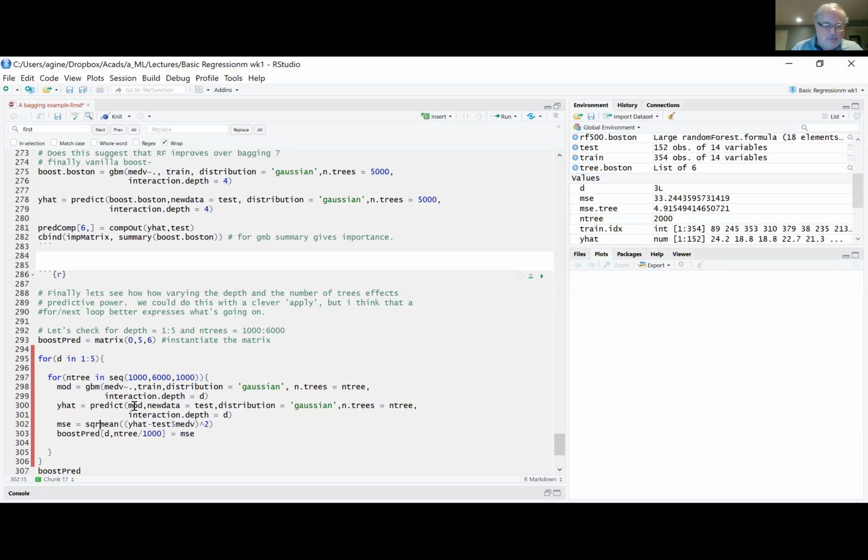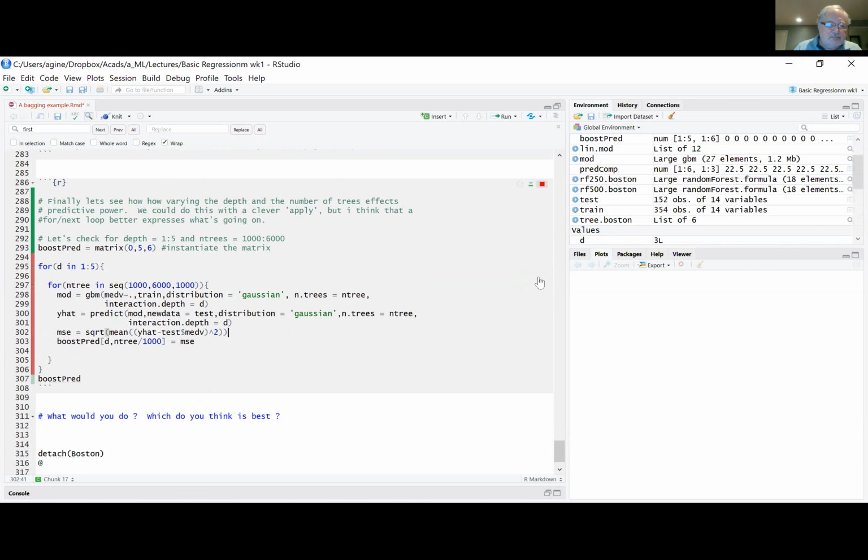Okay. I think those are the only two errors I could make, and I did make them. I think this takes like a minute or two to run.